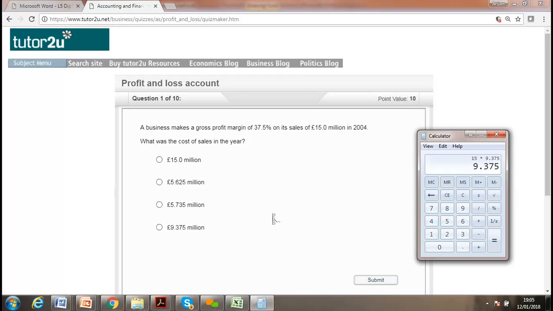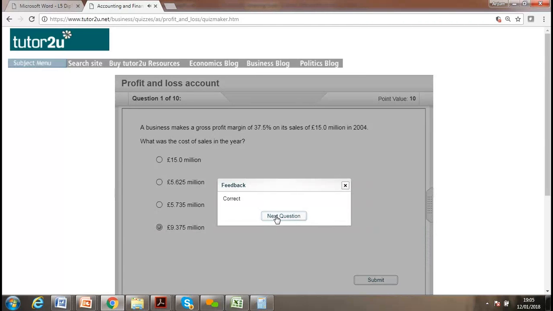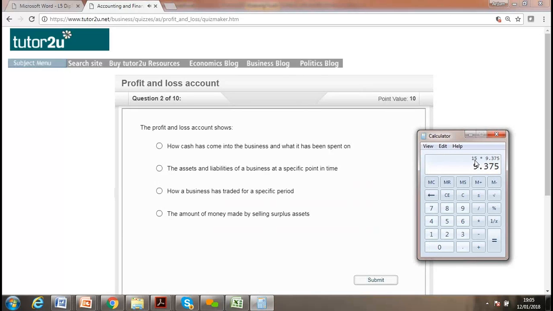Which one do you think is correct? Yes, it's the second one. Okay, well done. The last one is correct. Because we have a 37.5% gross profit, the rest is my cost, which is 9.375.